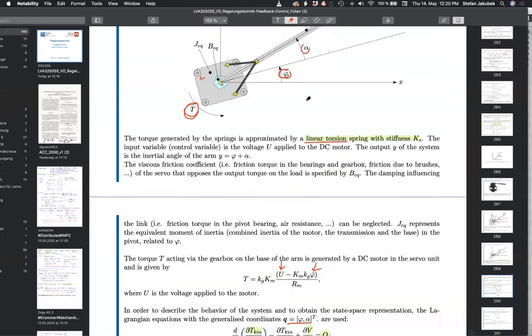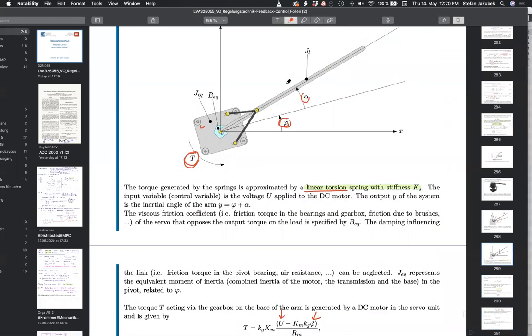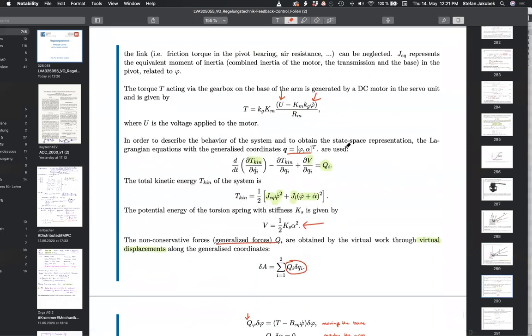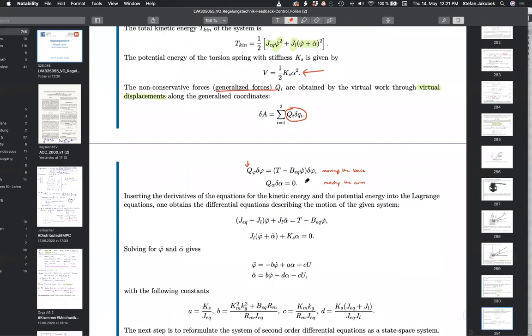Secondly, if we freeze the motion and if we just move the rod, we see that there is no further force. Of course, there's the force of the springs, but we have already considered that in the potential. There are no further forces, so obviously this is 0.